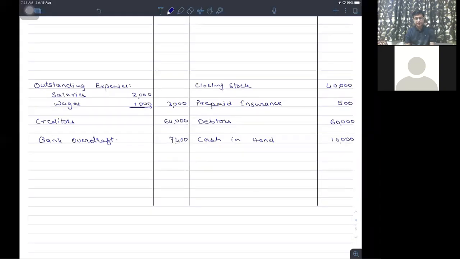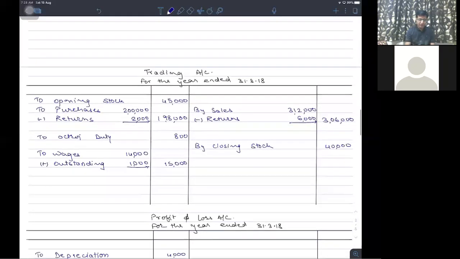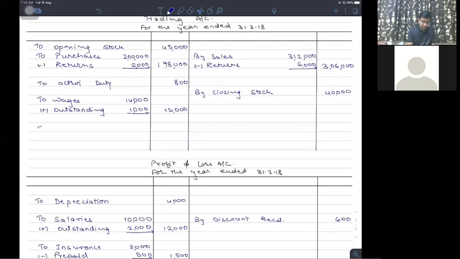All items done. What you need to do now is you first need to close your trading account. To gross profit comes to carry down 3,46,000, 3,46,000.